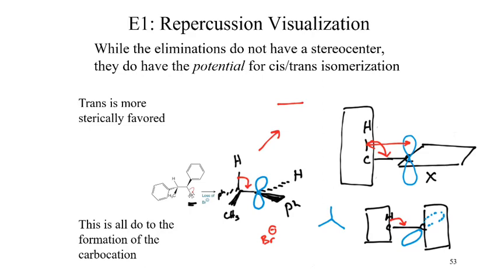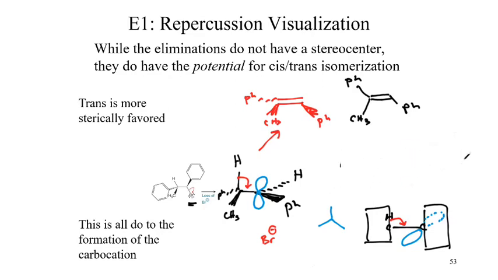At the end, we would get our product where we have our CH3 wedged coming at us, our phenyl going away, our phenyl coming at us, and we might say, well, those are all trigonal planar. It's a bit dumb to draw it that way, so we could turn it so that it's all in the same plane, and that would be an excellent way to do it. This is how we would typically see that answer written on a multiple choice. So there we go, we have that as a potential answer.